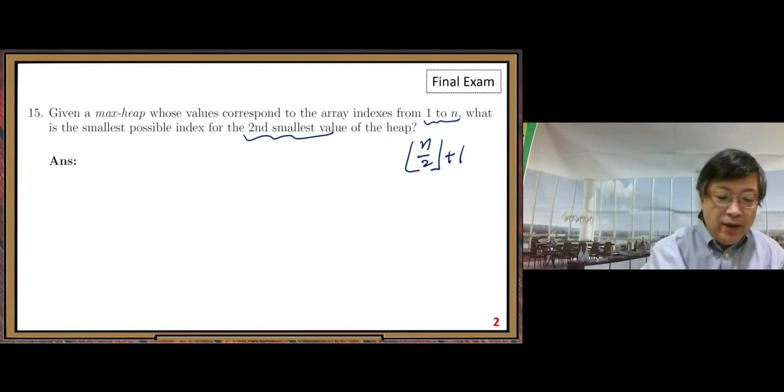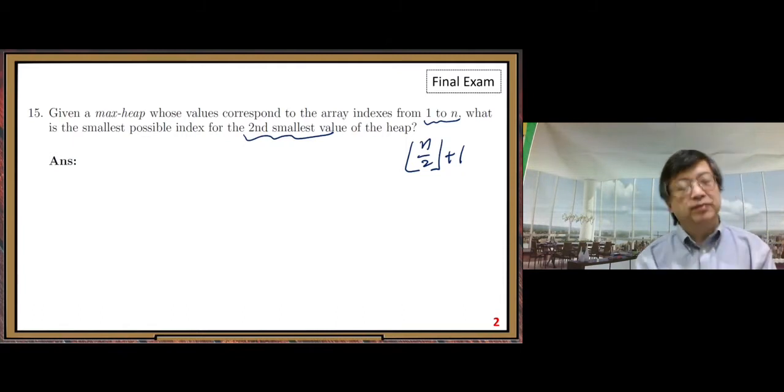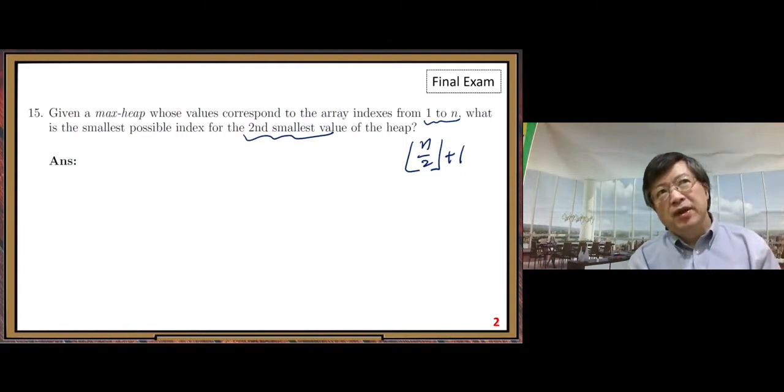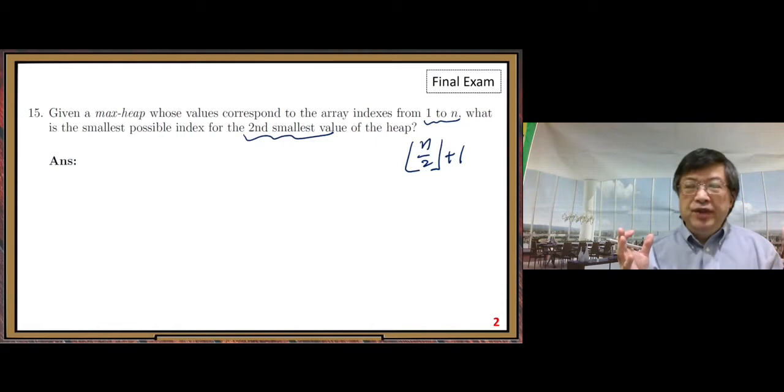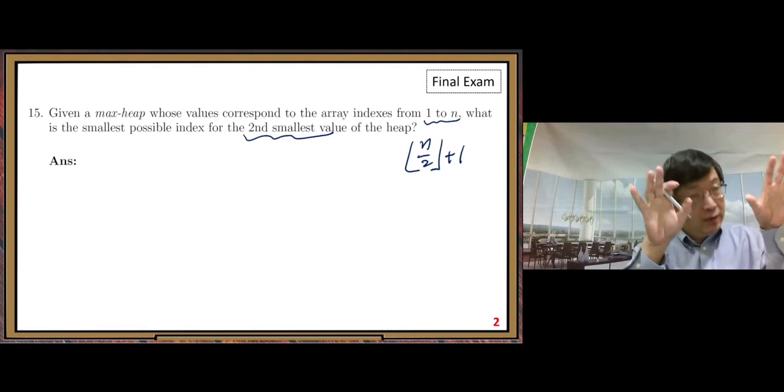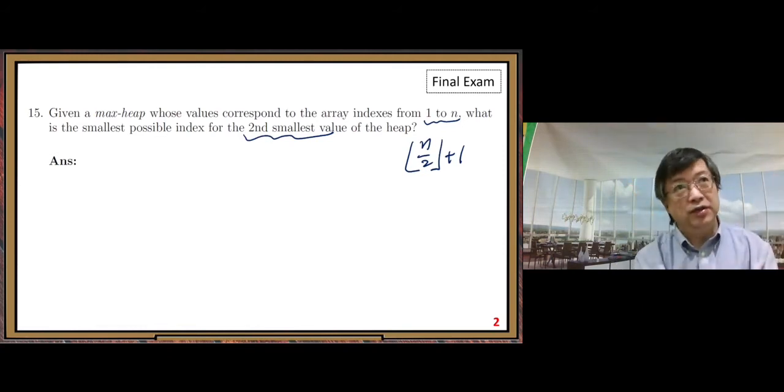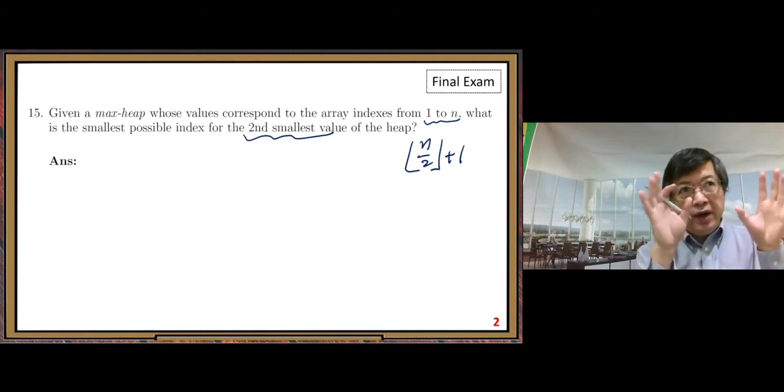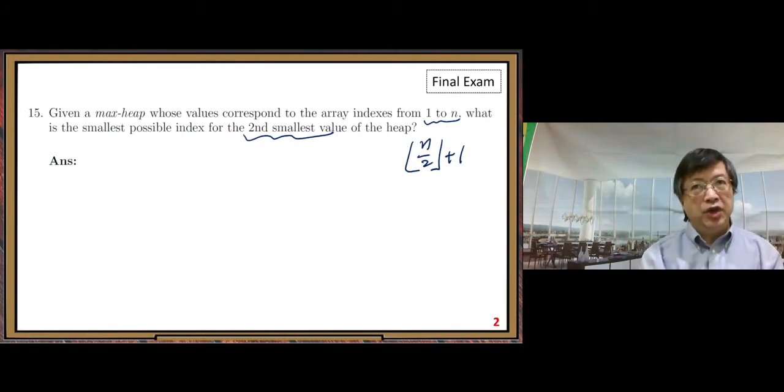But now I ask you the second smallest value of the heap. Many students may feel it's pretty hard. How do we know the second smallest? Here is a hint, but you need to get the answer by yourselves. Here I want to explain the situation we have.